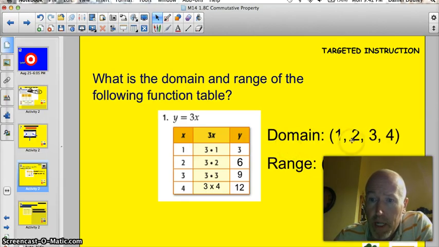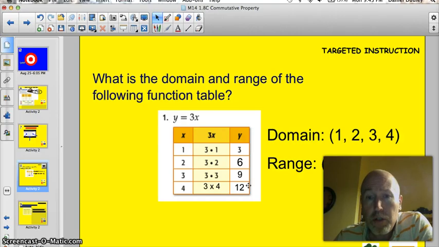So the domain is 1, 2, 3, 4. They're right over here. Because these are the values in the x, in the domain side. The range is 3, 6, 9, 12. You take the y values, and those become the range. Simple enough? Okay. Remember, domain, range, and here's the function piece right here.